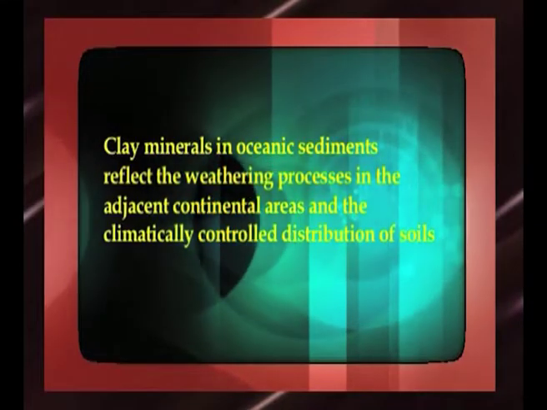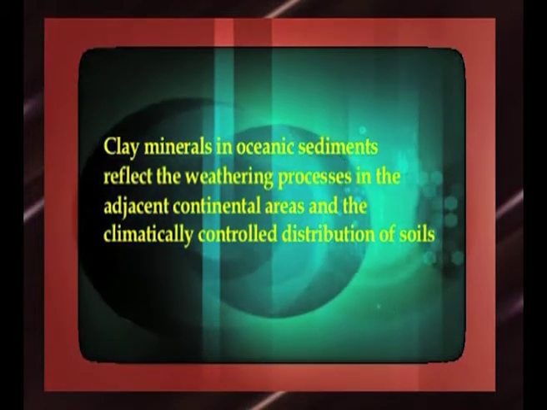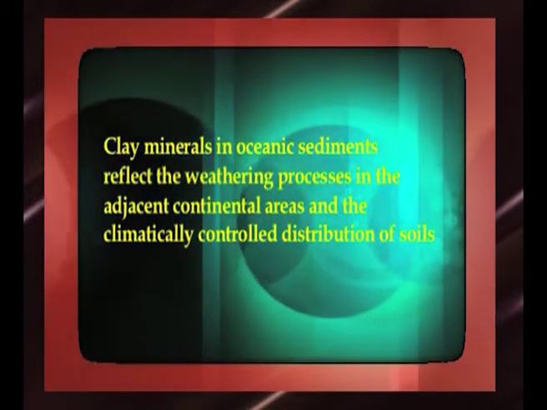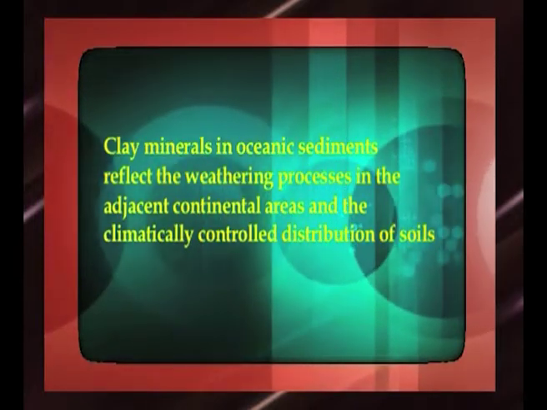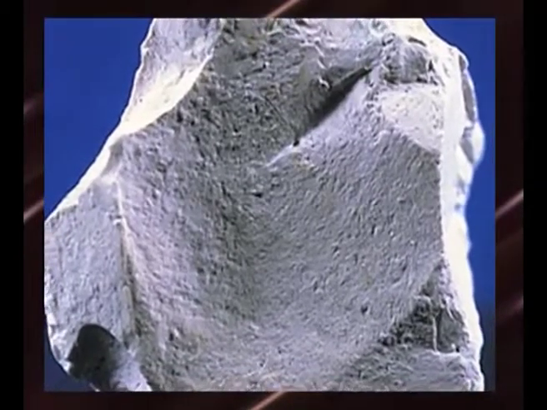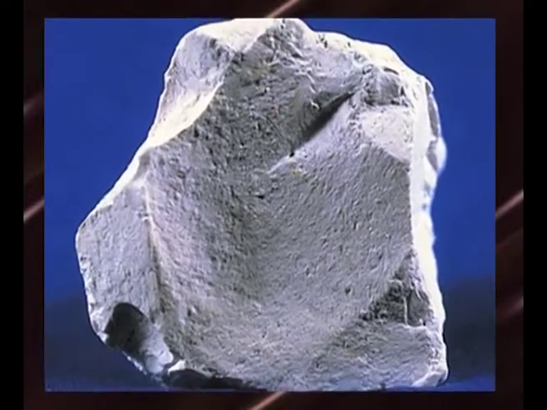Clay minerals in oceanic sediments reflect the weathering processes in the adjacent continental areas and the climatically controlled distribution of soils. Differential settling causes some depositional segregation of clay species, for example nearshore accumulation of kaolinite.